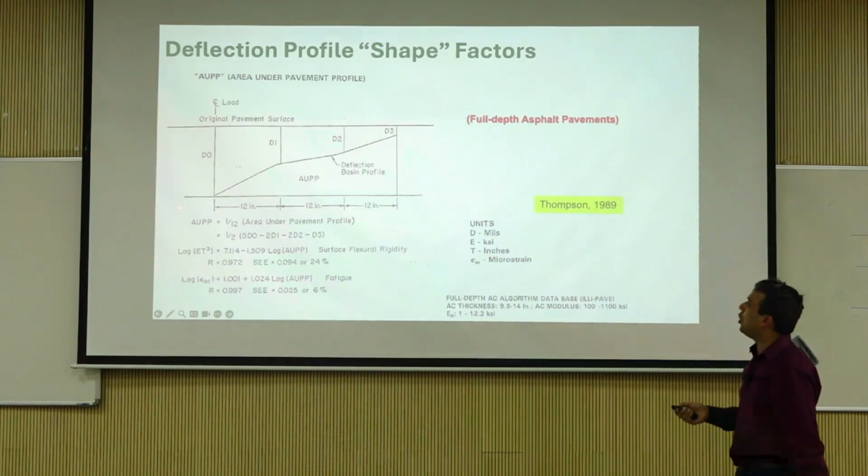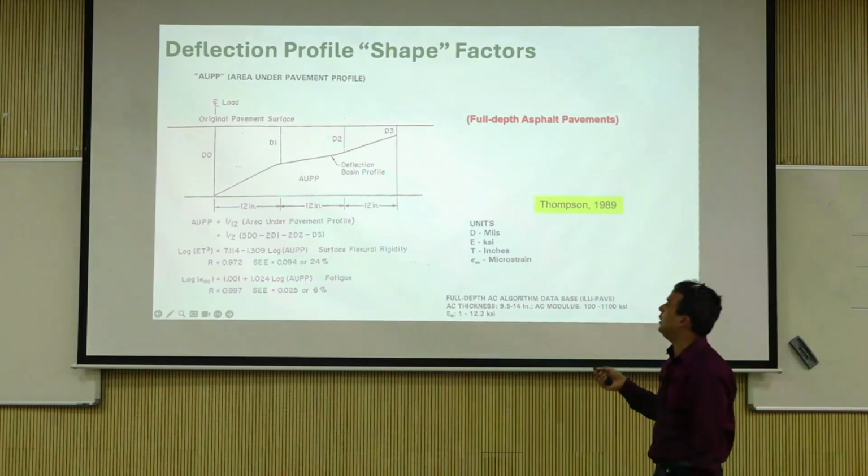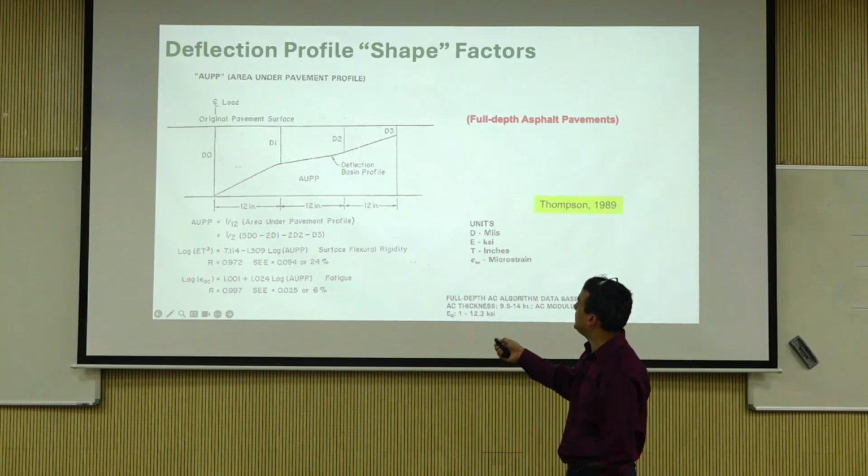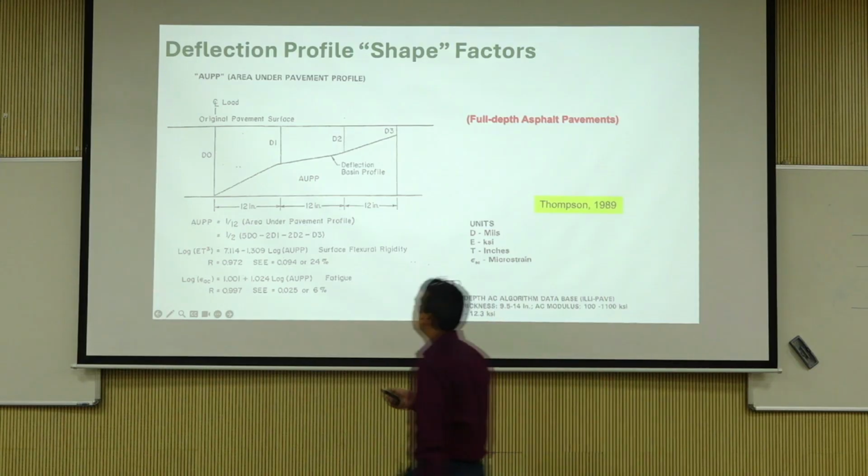Then there is another thing called area under pavement profile, or AUPP. What they did is they drew a rectangle from D0, and then they said this is the deflection. Now I'm going to track AUPP, whatever is remaining between this deflection and the basin.